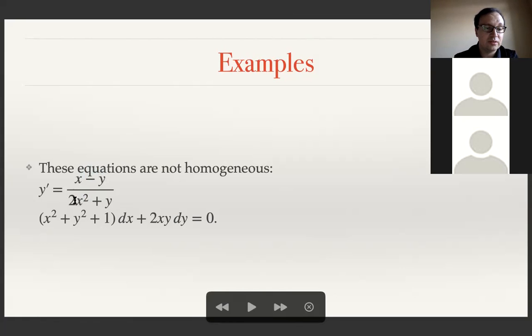On the other hand, the denominator, 2x squared plus y, is not a homogeneous function at all, because 2x squared has degree 2, y has degree 1, therefore their sum does not have any particular degree.